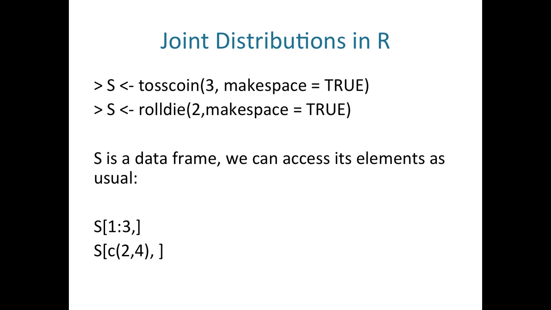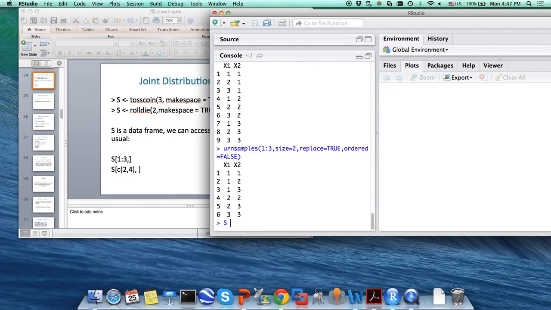It turns out that all these things that we need to understand from a conceptual point of view can be done automatically in R. Remember again that we have the functions toss coin, roll die, and so on. So we can actually understand what the joint distribution probabilities are. Let's define an event, which is going to be toss coin. We are tossing 3 coins, and we say make space equals true.